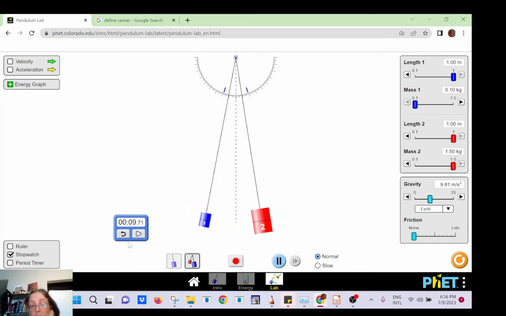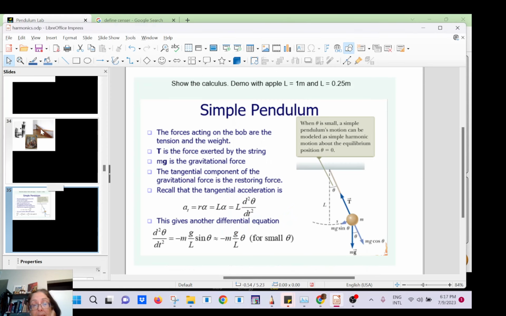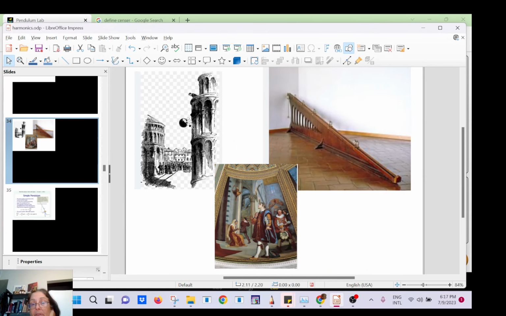So it's not too surprising, because remember Galileo Galilei, when he did his experiment on free fall, he found out that two objects, regardless of their mass, will reach the ground at the same time when they are in free fall.